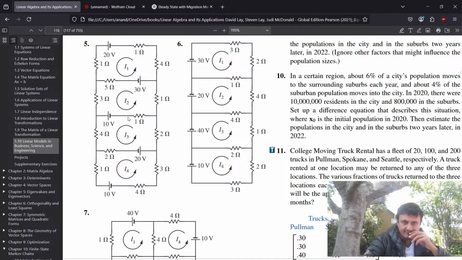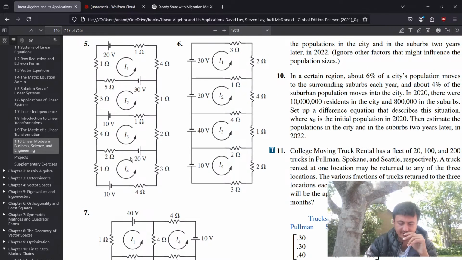So we have 30 volts, but then this thing, which is also 30 volts, so I'm going to say plus 2I4.